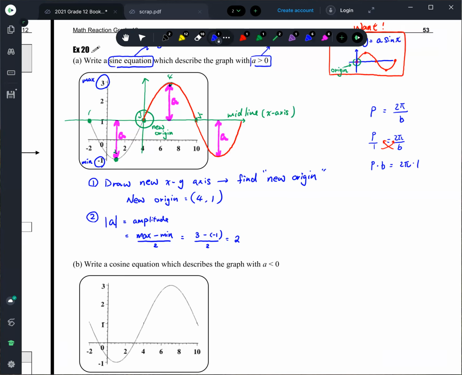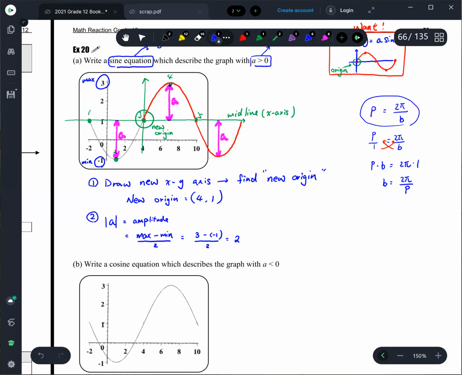And our goal is to find b, so b will equal 2 pi divided by p. P is the new period. Any questions here? We're just using our original formula, and instead of solving for period, we isolate the b. It's the same formula, we just move them around.